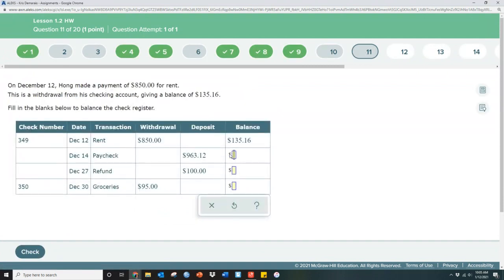So now we have this concept of balance withdrawals and deposits that's aligning to what we just saw in the textbook. All right. So it's deposits, paycheck. So currently the balance is $135.16.